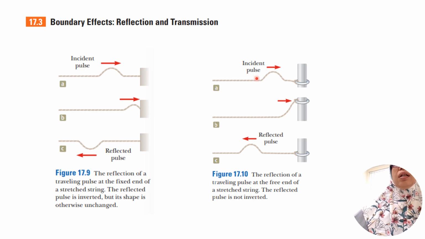Whereas in the case of a free end, there is nothing to reflect it back, because the end is free to move around. So you are going to see that the reflected wave will travel in the same direction as well. These two concepts will be the build-up for the bigger picture later.